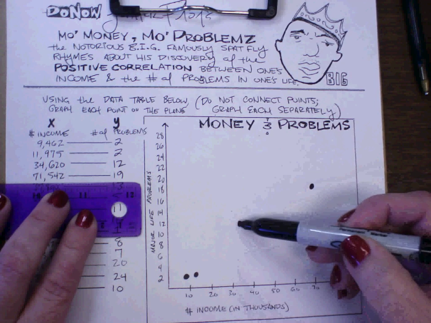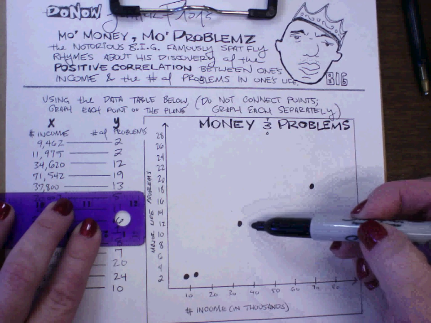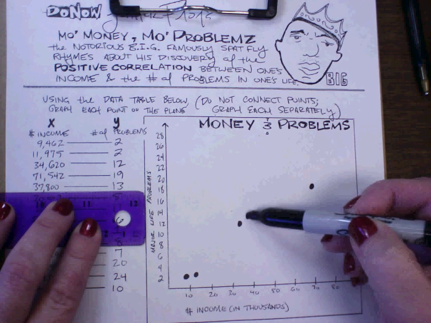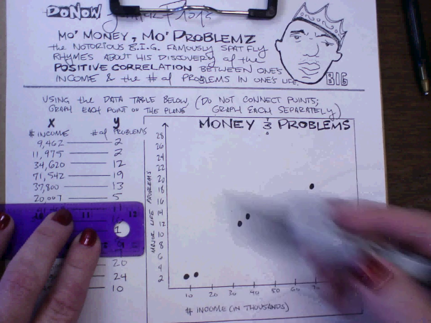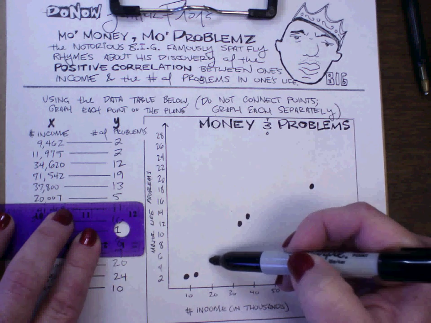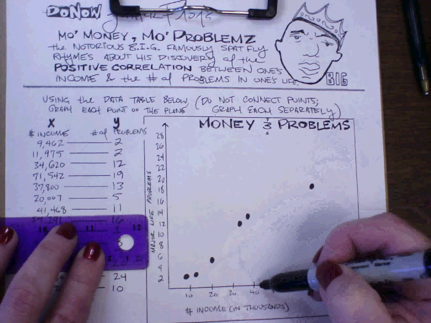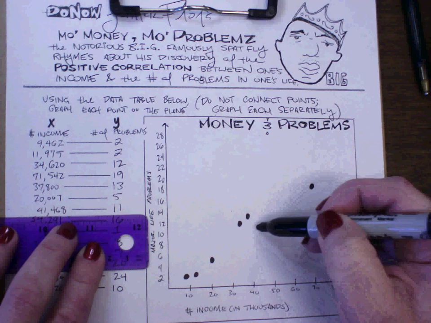So 71 and 19? Somewhere over there? Did I do the 12? Yes. All right. 30, about 40, and then 13.5 and 20.